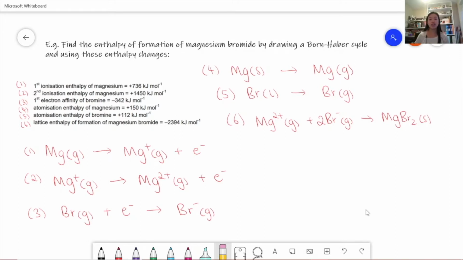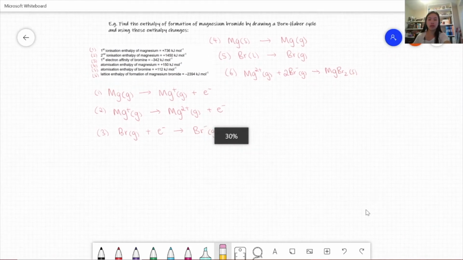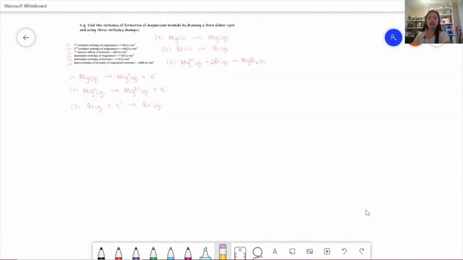So now we're going to construct the Born-Haber cycle. One thing to keep in mind is that you'll need quite a big space for this. So don't start off doing it really small. And so I'm just going to zoom out, and I'm going to write the numbers back on so I know what everything is.